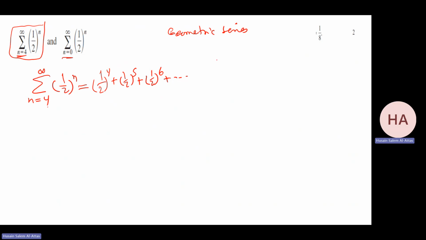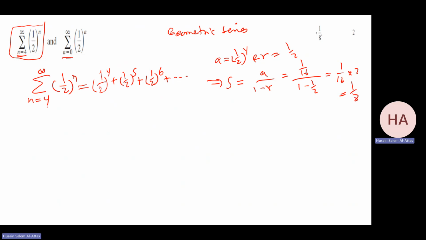So what is A? A is half to the power 4, and R, very clear, is half. So S will be A over 1 minus R, which is 1 over 16 over 1 minus half. So it will be 1 over 16 times 2, which is 1 over 8, which is this one.